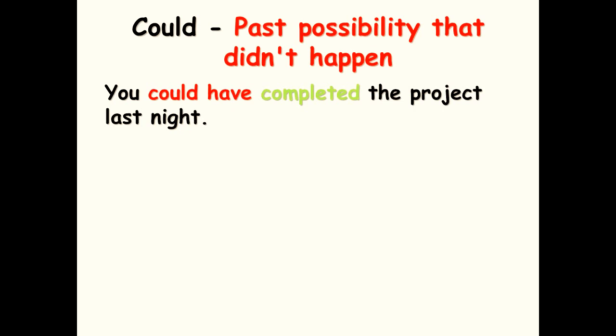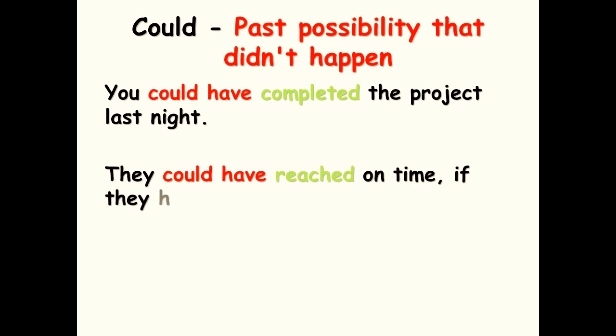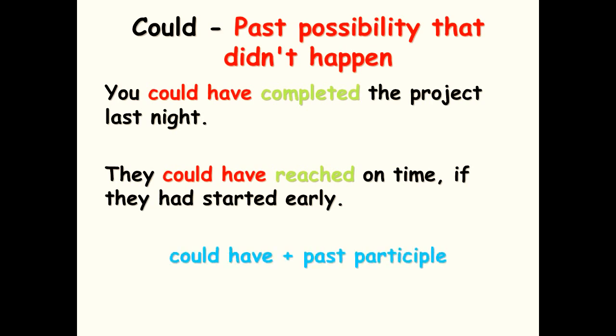The verb is in the past participle, a past possibility that didn't happen. They could have reached on time if they had started early. With if and conditionals, that means they didn't start early, so they didn't reach on time. Could have plus the past participle. Let's remember that.